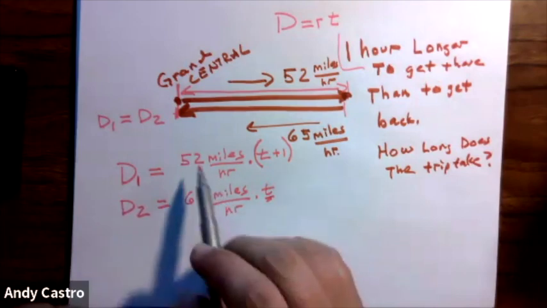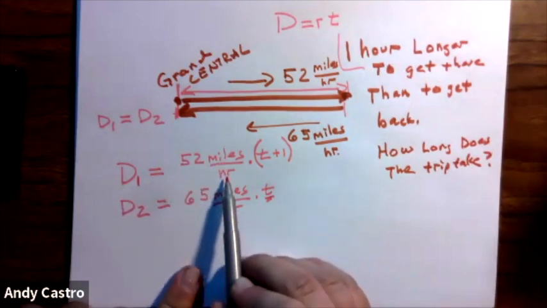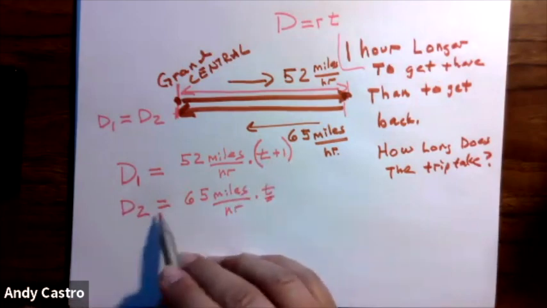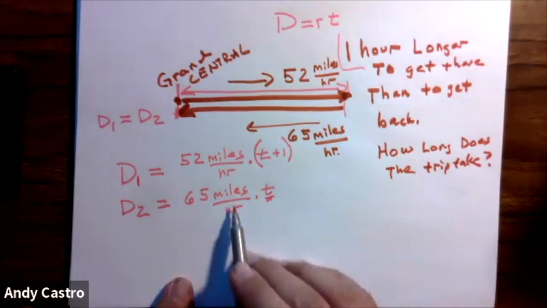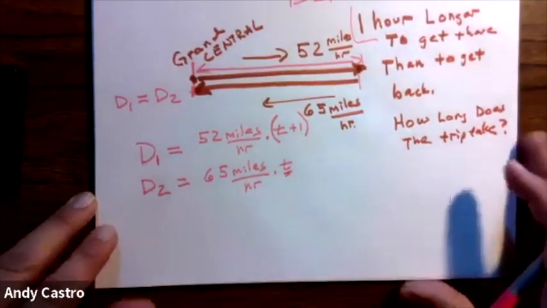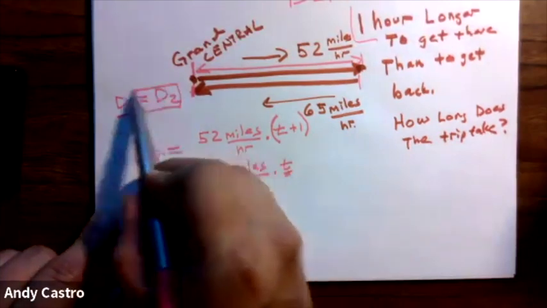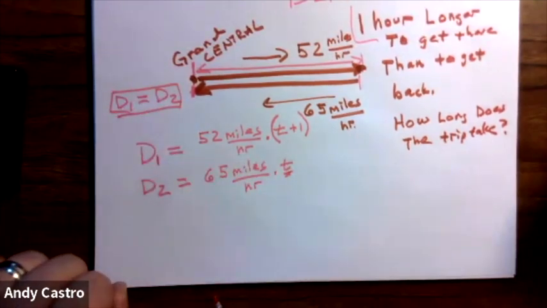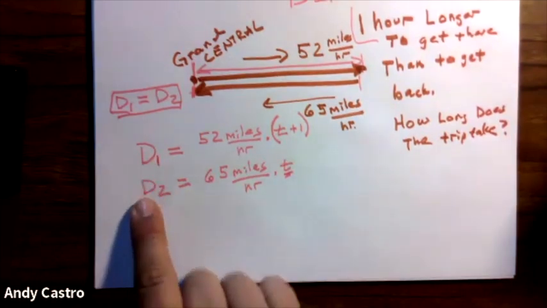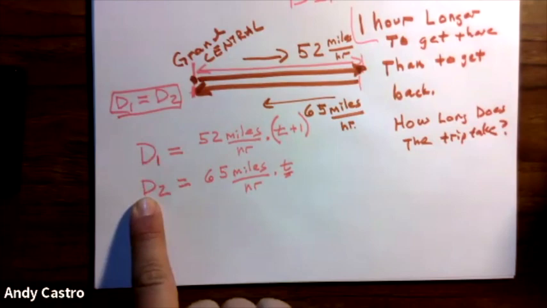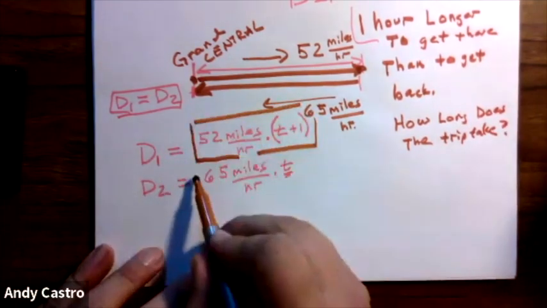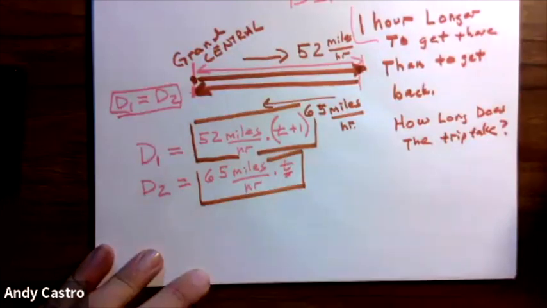Okay. So I have 52 miles per hour times T plus 1, and the second distance, 65 miles per hour times T. We know that the 2 distances are the same, so we can use the transitive property here. If D1 and D2 are equal to each other, then this side of the equation is equal to this side of this equation.